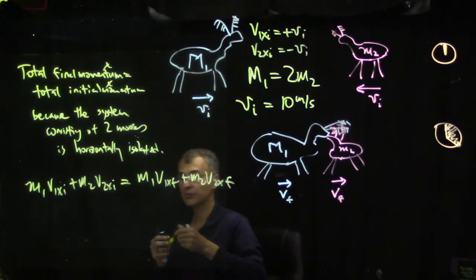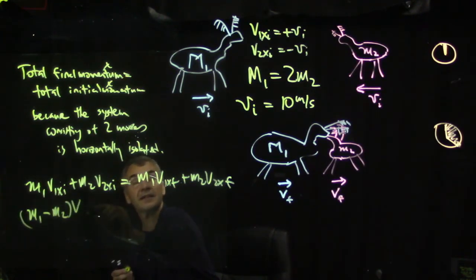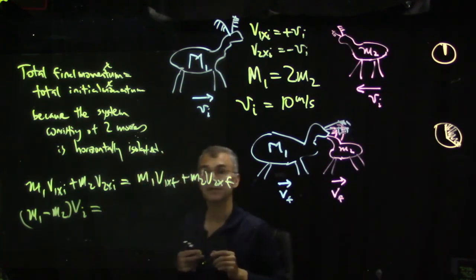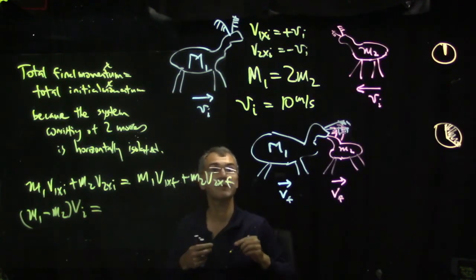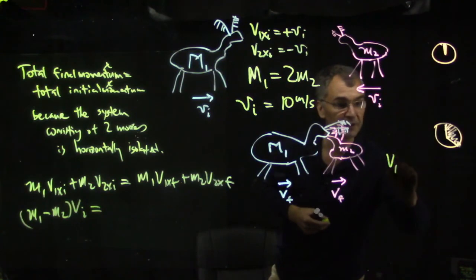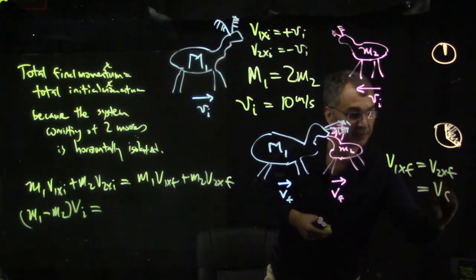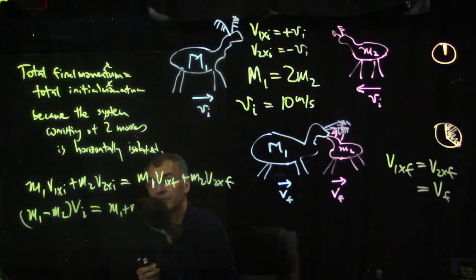After we plug that in, we will have (m1 minus m2) v initial, and then v1x final equals v2x final, we'll just call that v final, okay? So this is (m1 plus m2) v final.